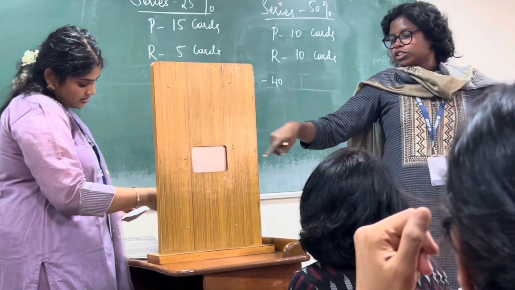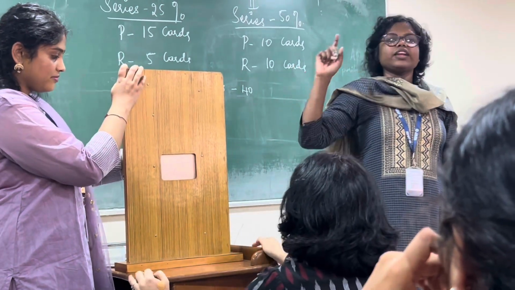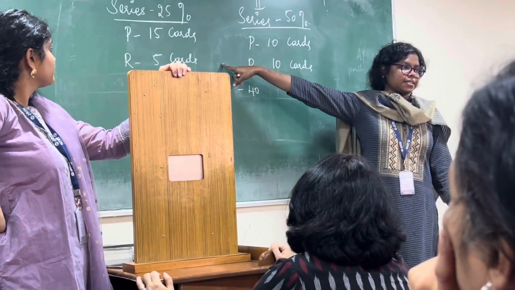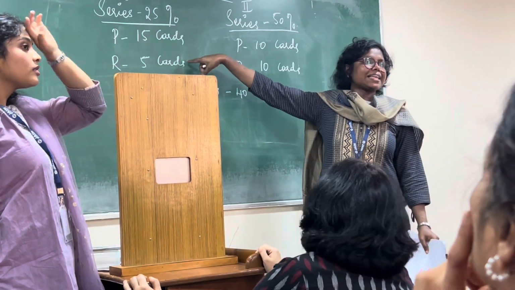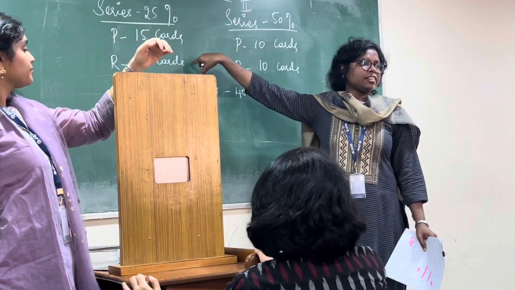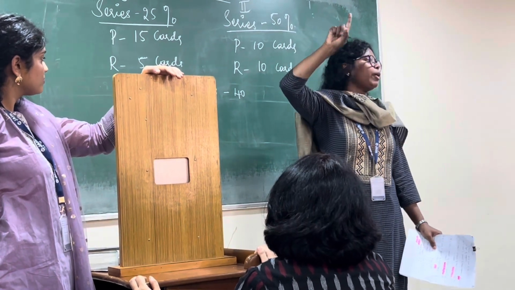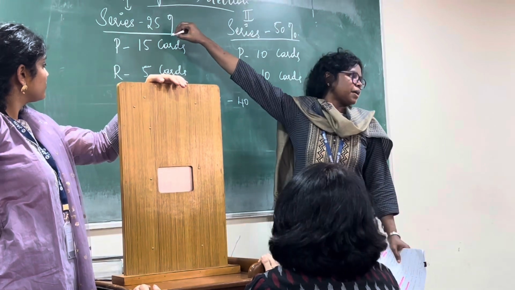Students, before she does the third trial, here in series 1 you will have 20 cards. In that you will consider 5 R cards and 15 P cards. Together it is 20 cards. So in series 1 you will have 20 trials, which becomes 25%.